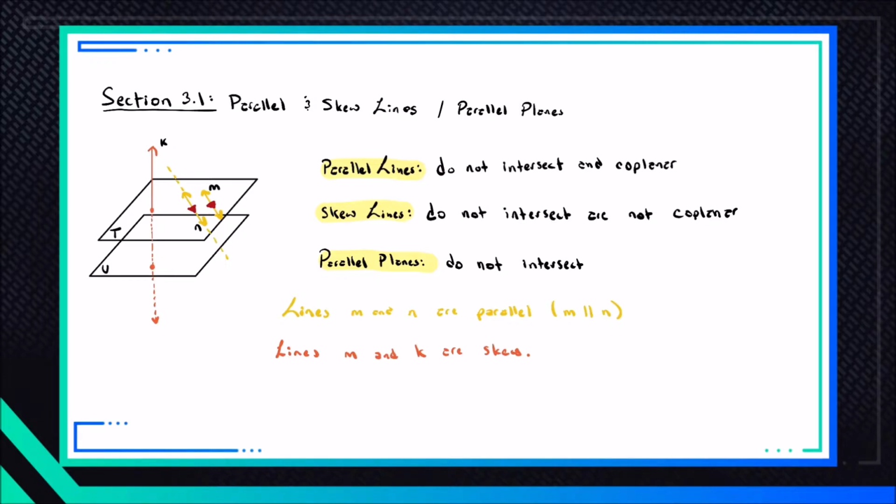And then finally, we would say that planes T and U are parallel. So T parallel to U. That symbol with the two double lines means is parallel to.